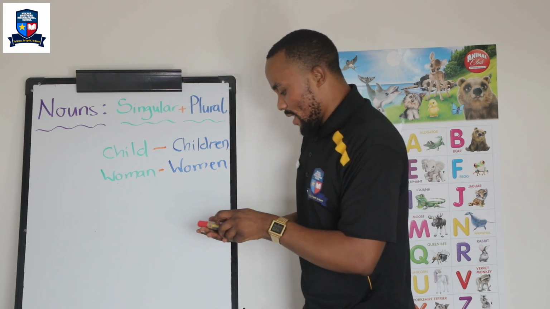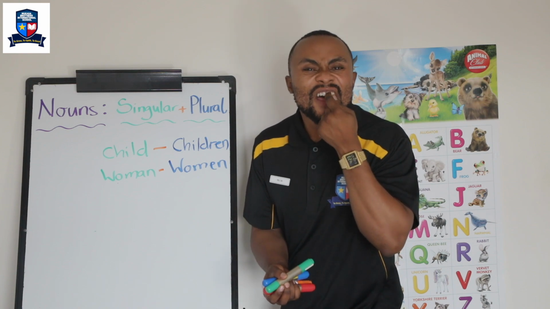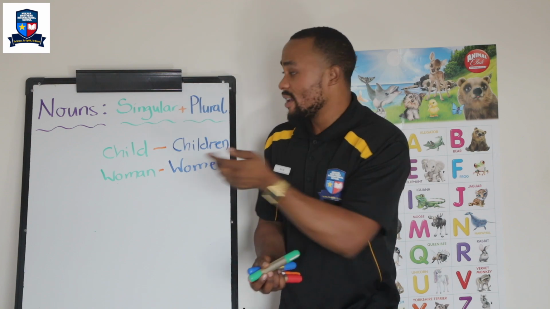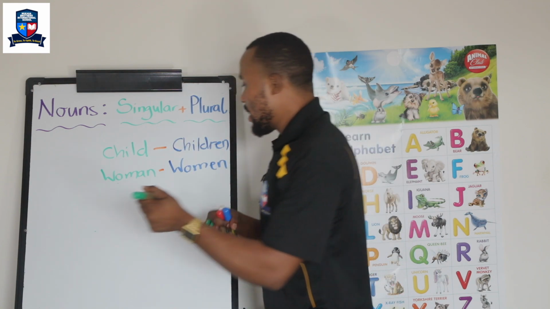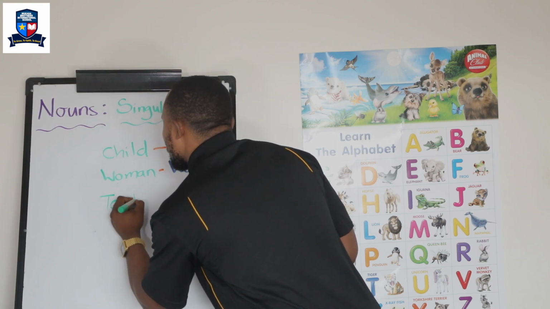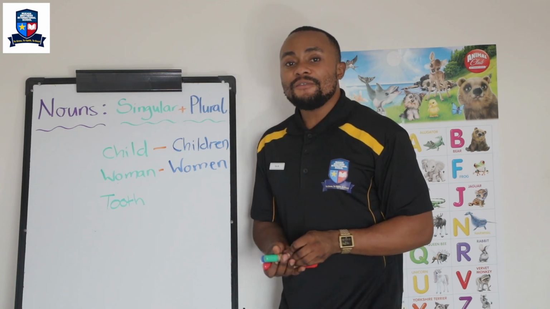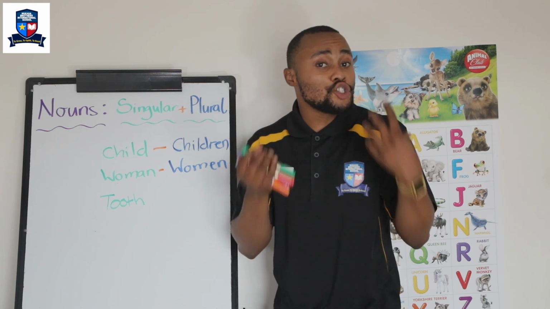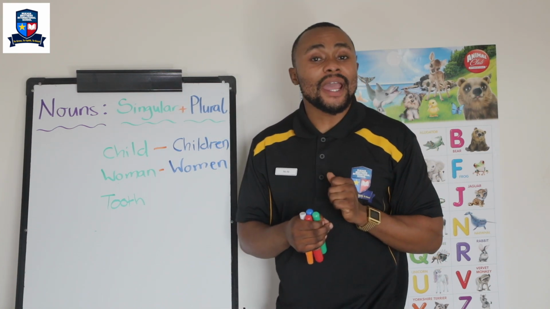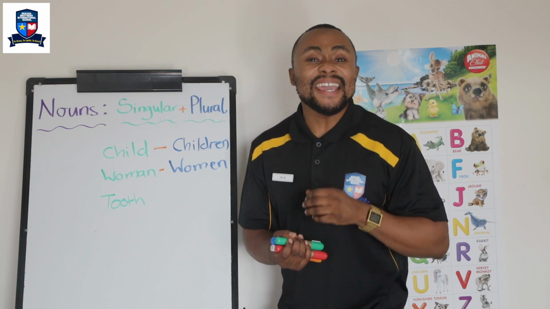Now, let's look at another word. What about this one here? This word is tooth. A tooth is a singular noun. A tooth. But to show that there is more than one tooth, for it to become a plural form, it becomes teeth.